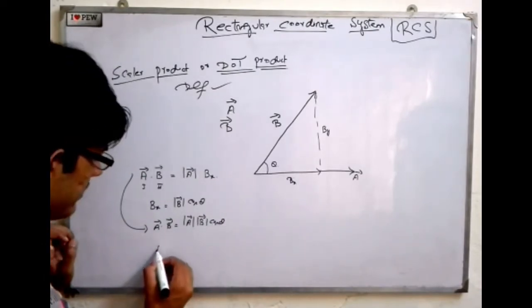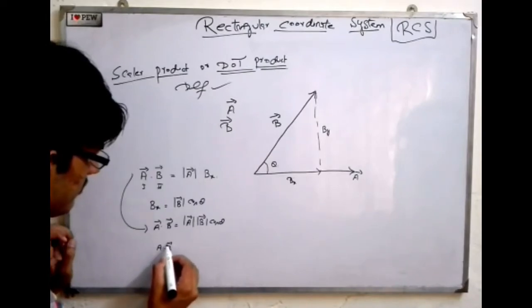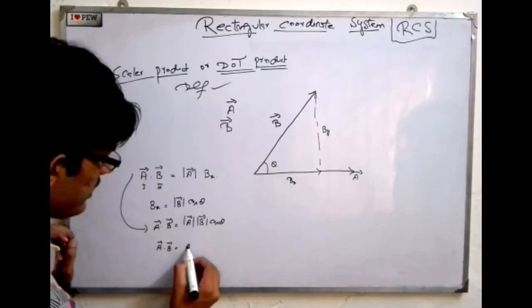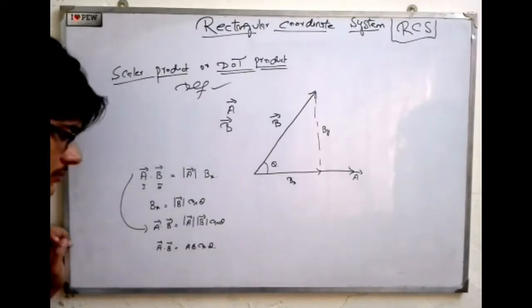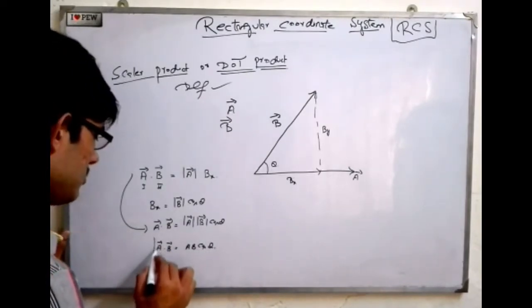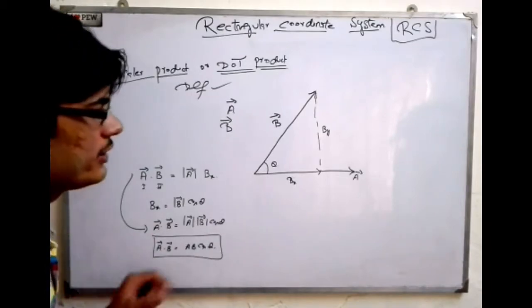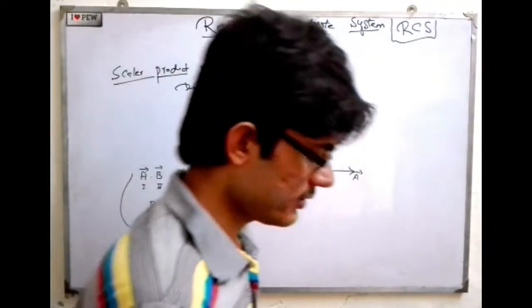Or you can say that the dot product will be equal to AB cos theta. This is the second definition of the dot product.